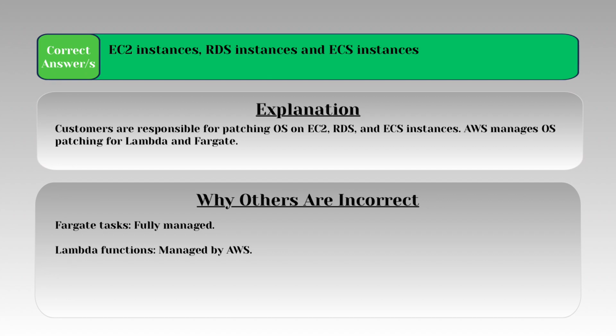Explanation. Customers are responsible for patching the OS on EC2, RDS, and ECS instances. AWS manages OS patching for Lambda and Fargate. Why others are incorrect? Fargate tasks, fully managed. Lambda functions, managed by AWS.